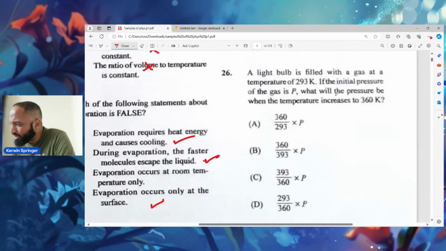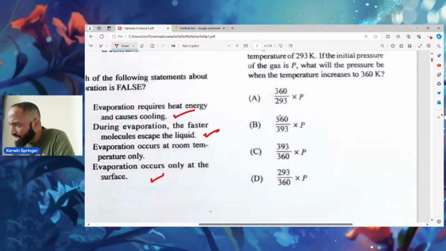The pressure will be more. So any option that has a lesser value can't work. I don't know why you have 393 though. So A is the answer, just by elimination.